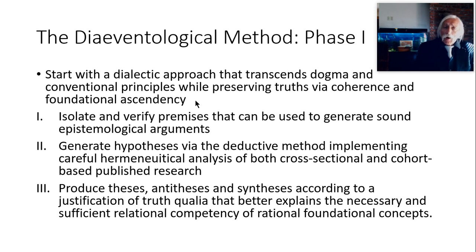Then generate hypotheses via the deductive method, implementing careful hermeneutical analysis of both cross-sectional and indeed cohort-based published research. Use both of those kinds of research. Produce theses, antitheses, and syntheses according to a justification of truth, qualia, that better explains the necessary and sufficient relational competency of rational foundational concepts.